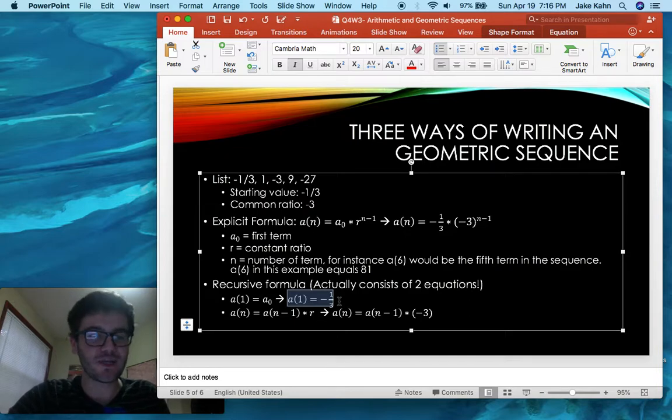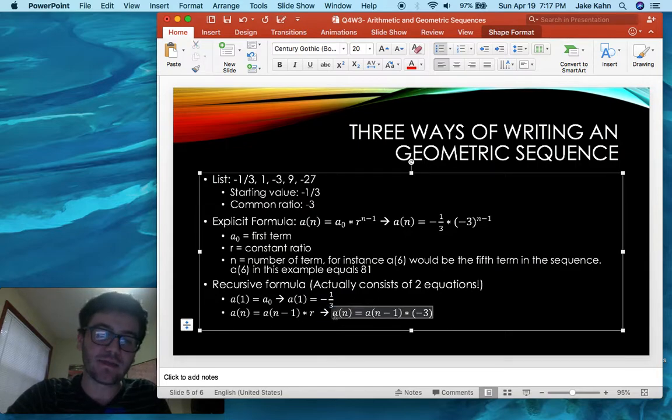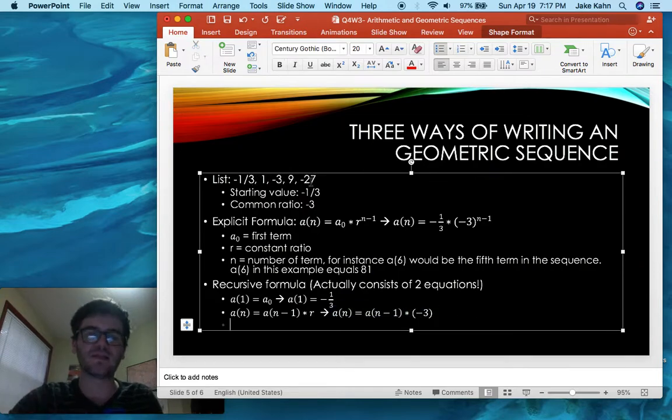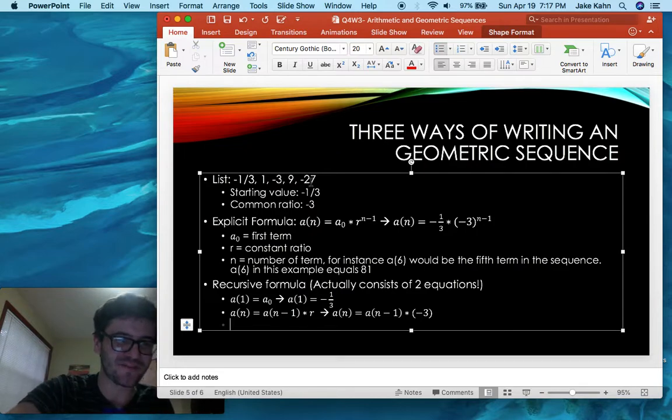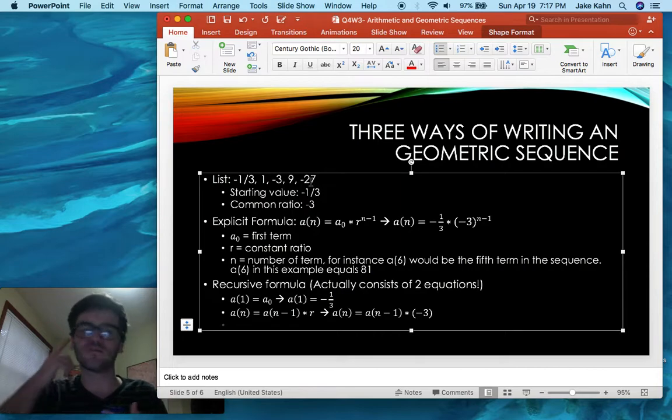And then the second equation says a of n is equal to a of n minus 1 times -3. That's saying that the nth term is equal to the previous term times -3. Test it out with these values and you can see, multiply the previous number by -3 and you get the next number. That's what the recursive formula is telling you.